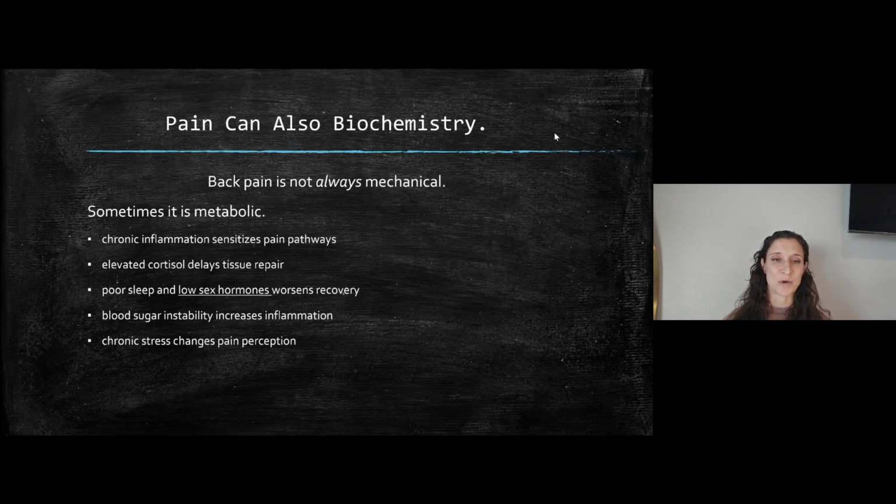I underline sex hormones here because I'm going to dive into a more recent example, but lower sex hormones all worsen your body's ability to recover and heal. Blood sugar instability is going to increase cortisol, which means your body is not prioritizing recovery, and it also increases inflammation. Poorer recovery, or even things like chronic stress, cortisol as well, thyroid not functioning well, adrenal glands not functioning well, these kinds of things will also create more pain syndromes.